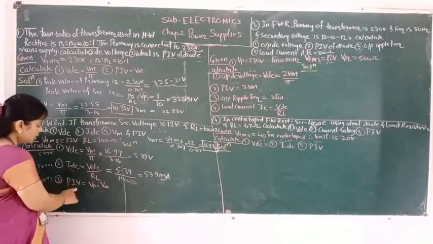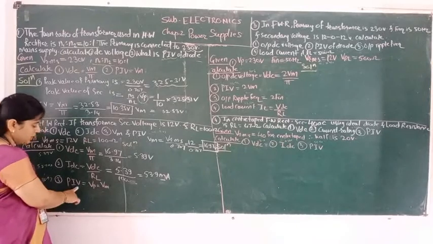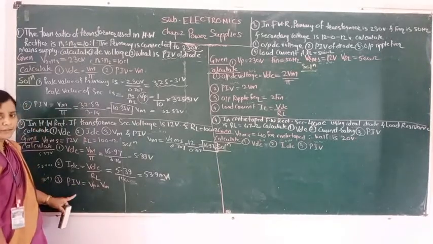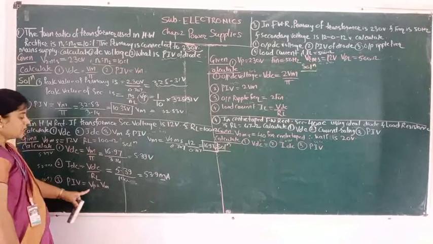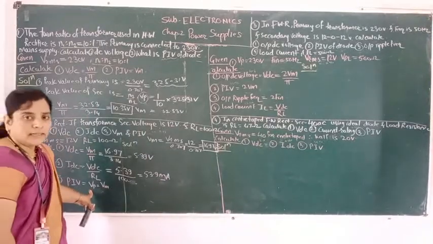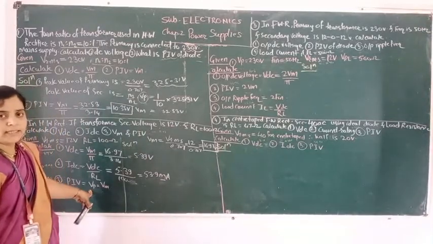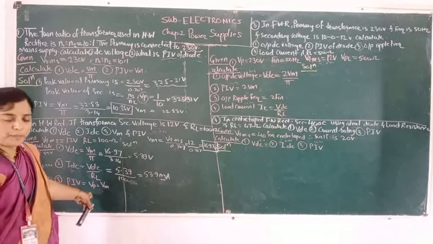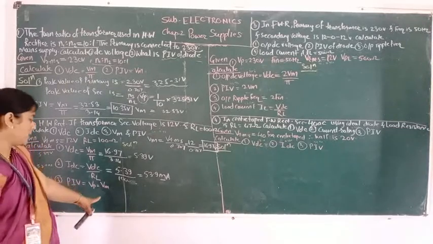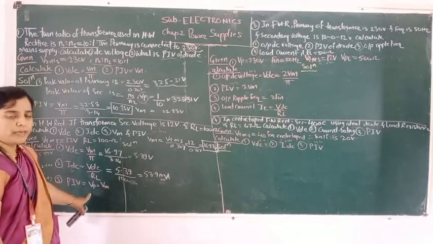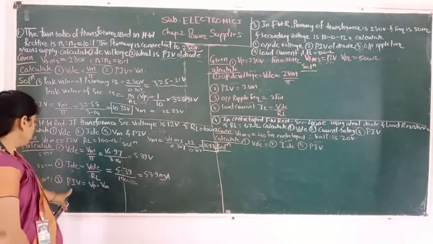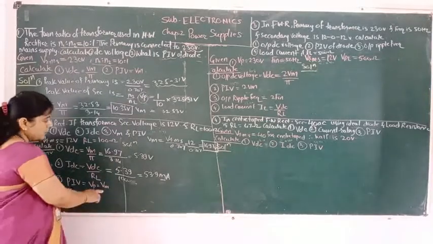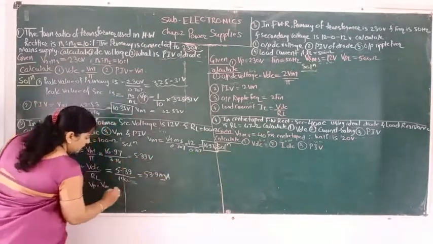Third, what is asked? The peak inverse voltage, that is PIV. I have told you in some texts it is indicated by Vp and in some texts by Vm, so Vp and Vm are the same. So how much is the peak inverse voltage? That we have calculated first.